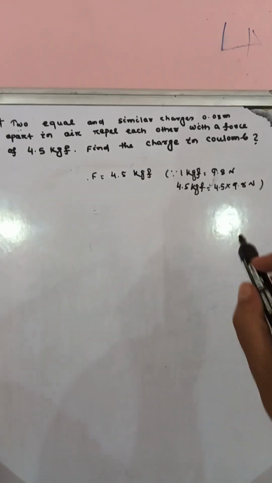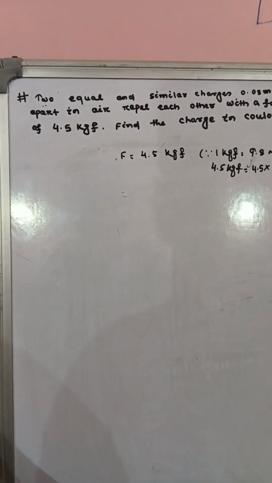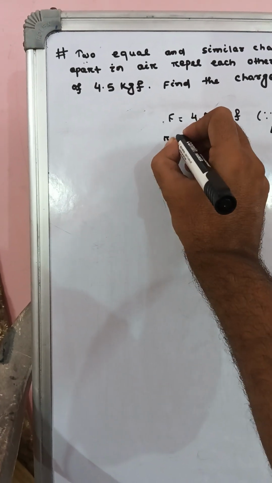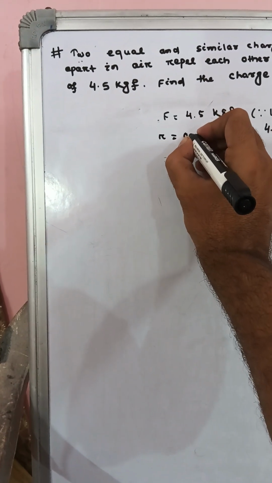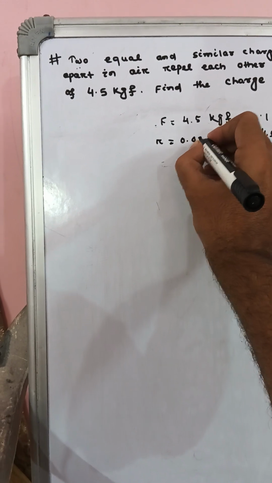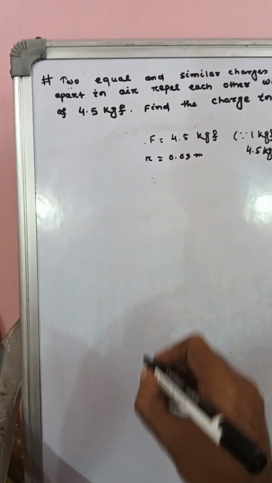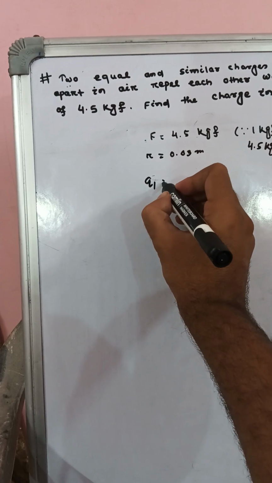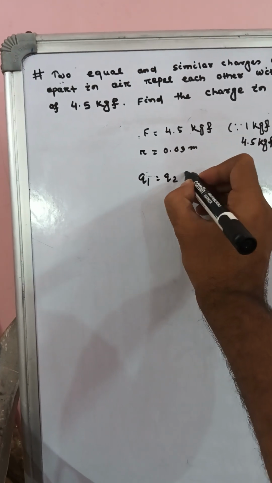The radius is equal to 0.03 meter. Then the similar charges Q1 is equal to Q2 is equal to Q.